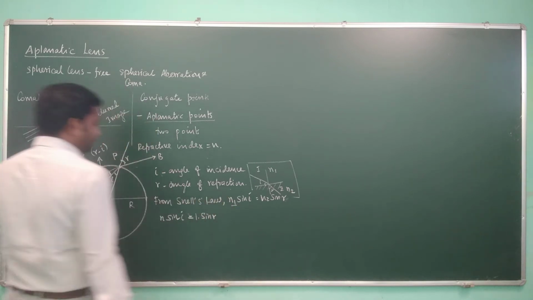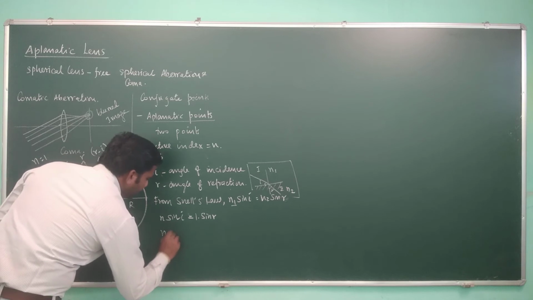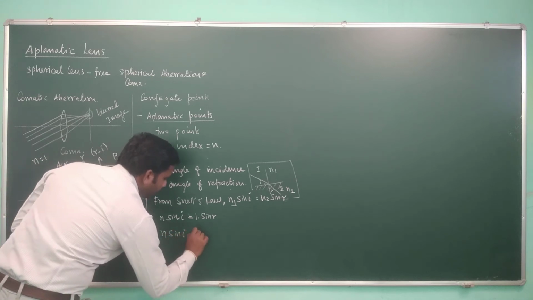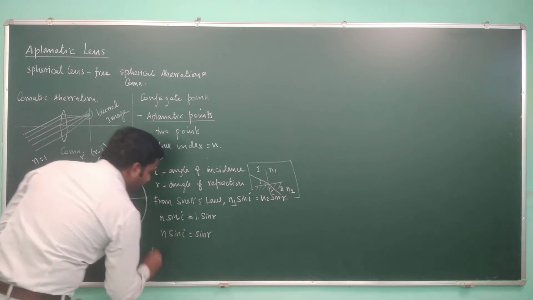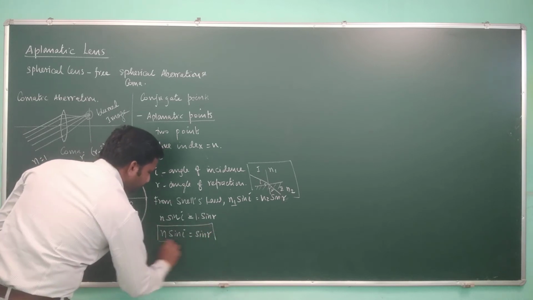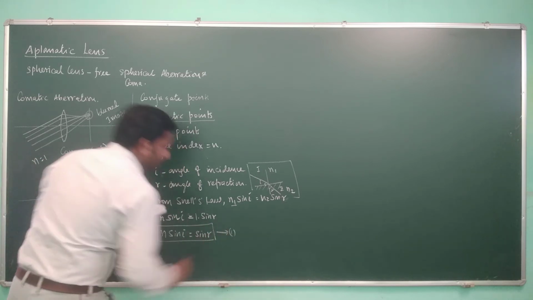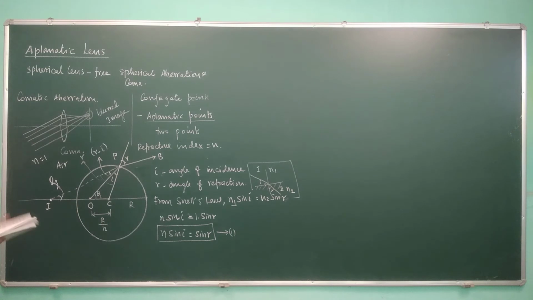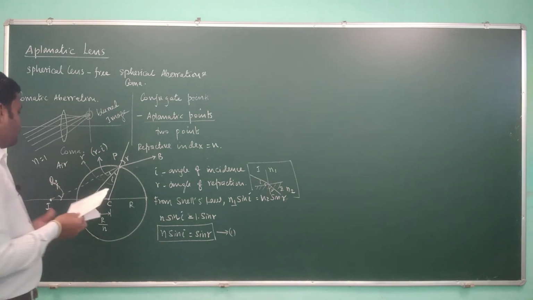So it is simply n sin I equal to sin R. This is equation 1.